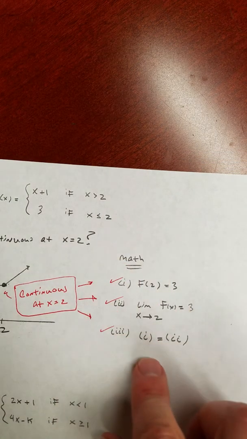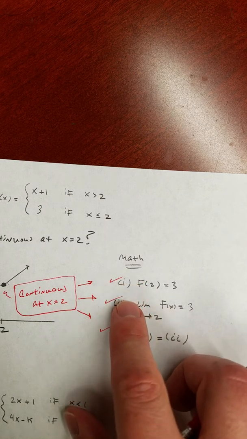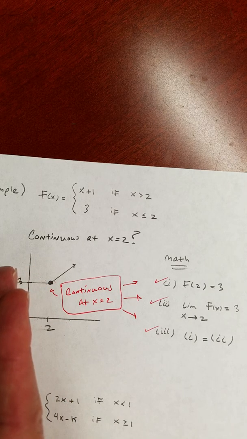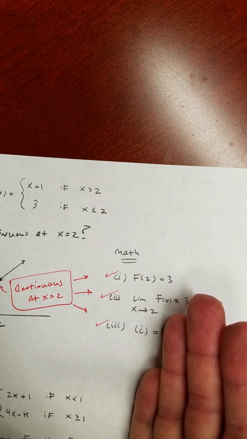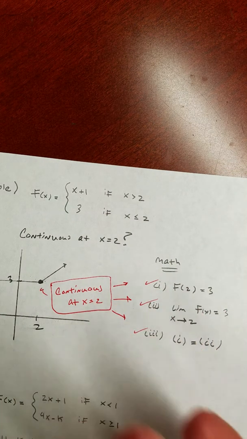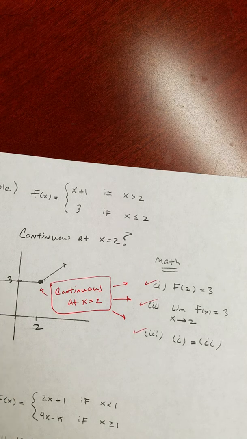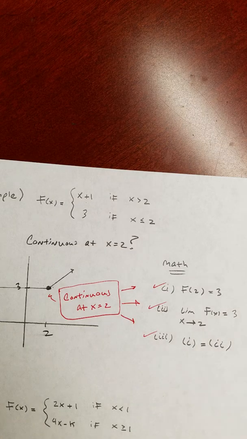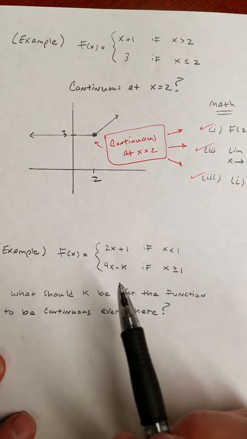But as far as the math goes in the test, if it passed each part, it would be continuous. Well, it looks continuous. It passes each part of the test. They're in agreement. It's continuous at 2. All right. So with this behind us, let's do something different. Look at this.